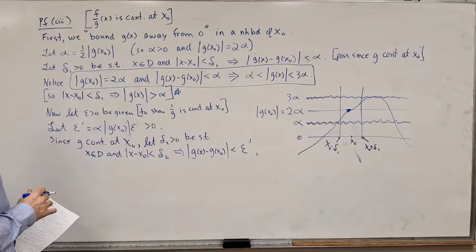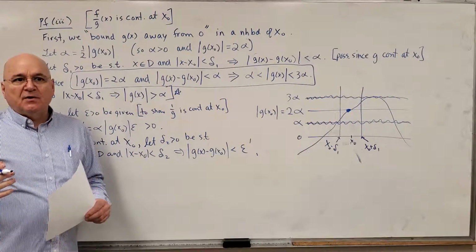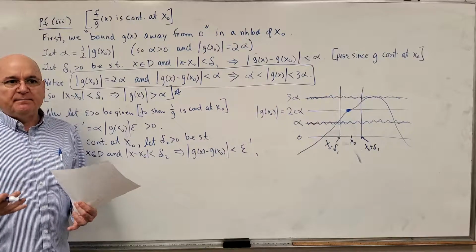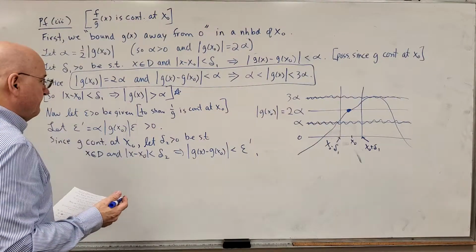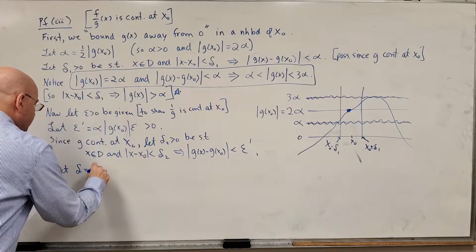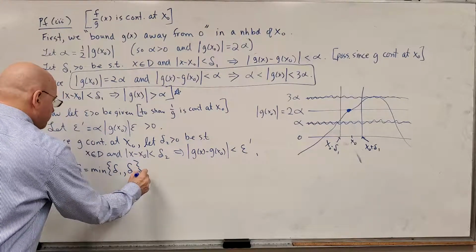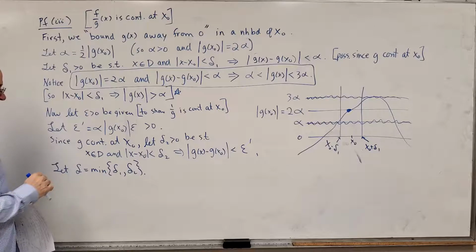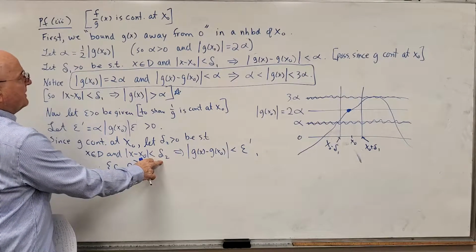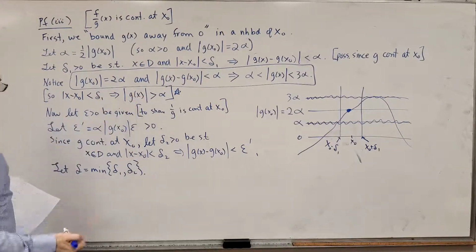Well, as is typical when we define two different deltas, a delta 1 and a delta 2, now I'm going to let delta equal the smaller of delta 1 and delta 2. So therefore, if x is within delta of x naught, then this is true, and this is true as well, or this right here, the thing with the star by it.